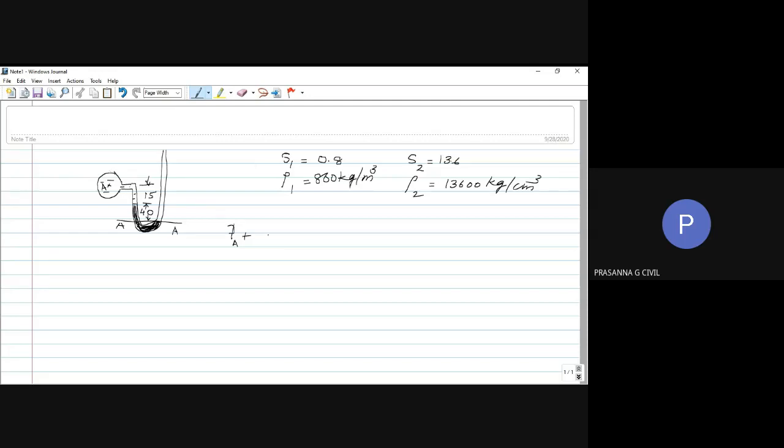I'll first write the formula. This is for your fluid which is in the pipe. Plus the mercury or the manometric fluid, rho 2, g, H2, is equal to 0. You all agree this is the expression that we have to use, correct?